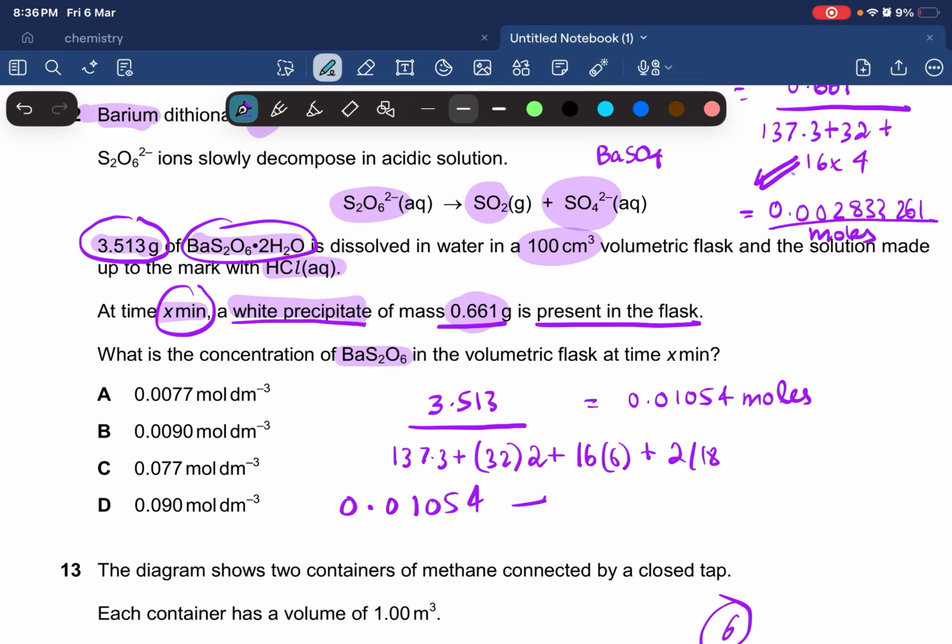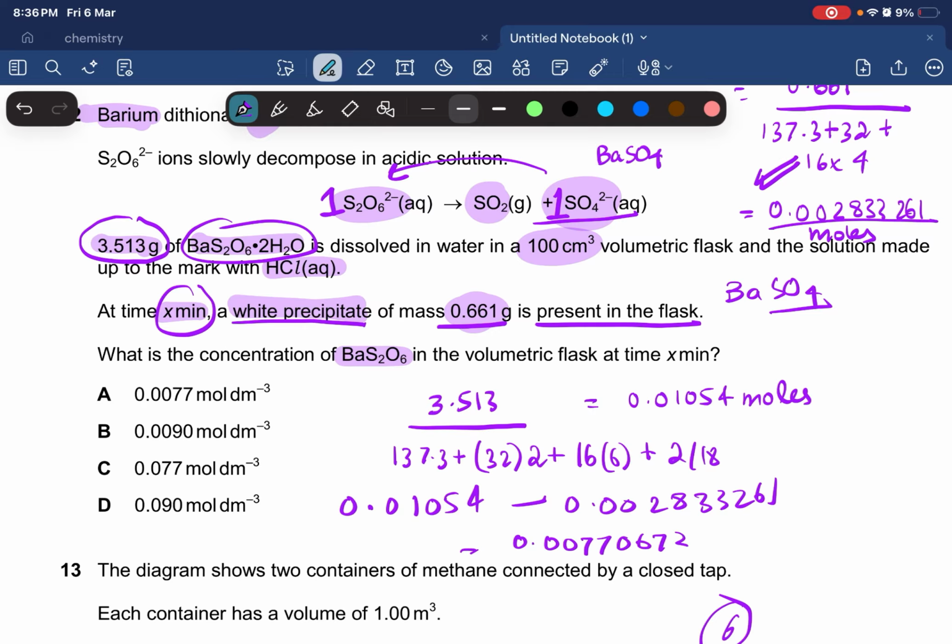Why? Because this much BaSO4 was formed. Over here we see if 1 mole of SO4 is formed, 1 mole of S2O6 2 negative is decomposed. So 0.002833261 moles have been decomposed. We subtract, and we get 0.007706738 moles that are present.